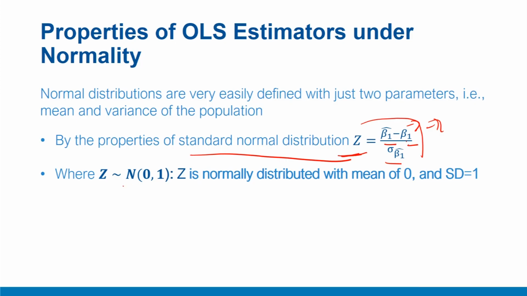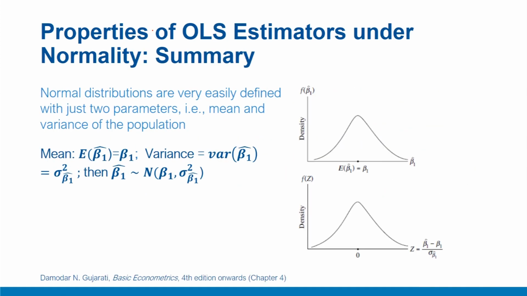This z is distributed normally with a mean or expected value of 0 and a variance of 1, because it is the standardized version. It helps us in doing any kind of hypothesis testing and inferential statistics.